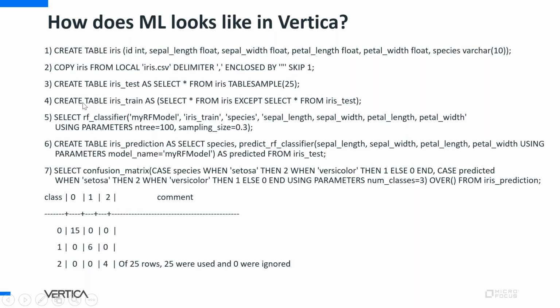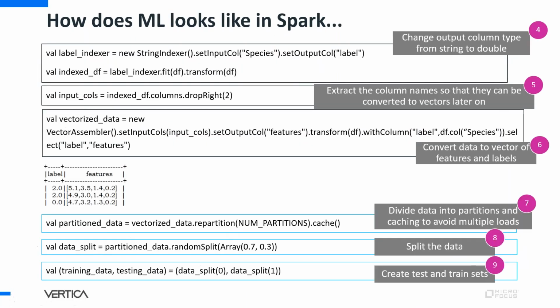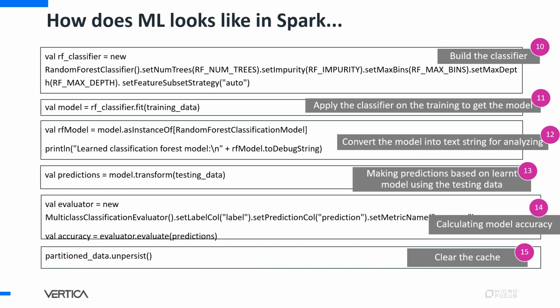You will see that in Vertica everything looks like SQL, and with the help of SQL you can draw the conclusion also. I would also like to showcase that if you write similar code in a programming language like Spark, you would end up writing a lot of code. For example, in Spark you include libraries, write a number of parameters, then load data and create a lot of local variables.